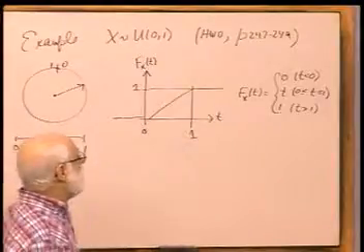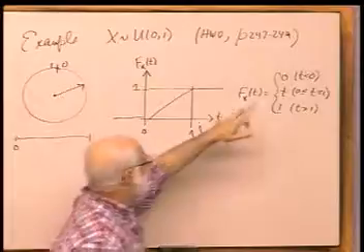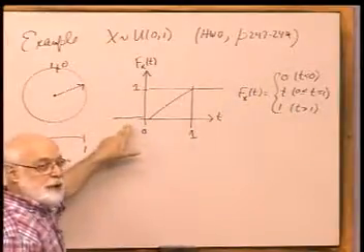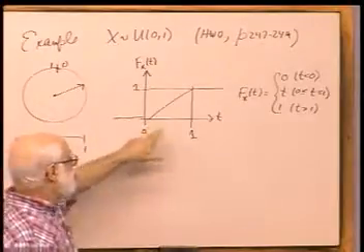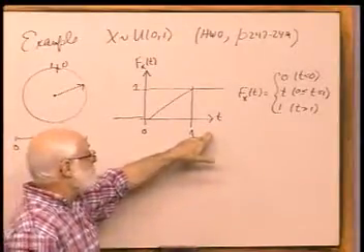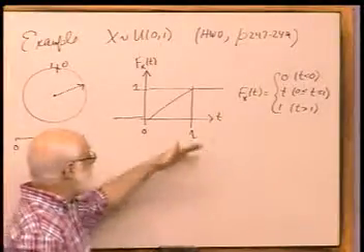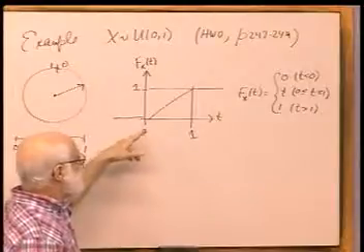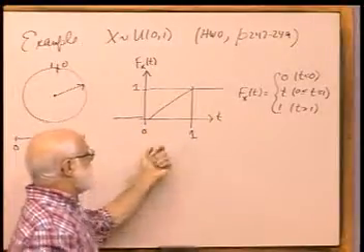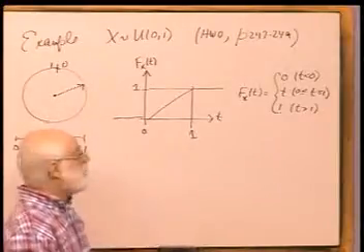And the argument we made was that, first of all, for any t that's negative, the probability that x is less than t is 0 because x always lies between 0 and 1. And for any t that's greater than 1, the probability that x is less than t must be 1 because x always lies between 0 and 1. But in between, as t gets bigger, the probability that x is less than t is proportional to the value of t.